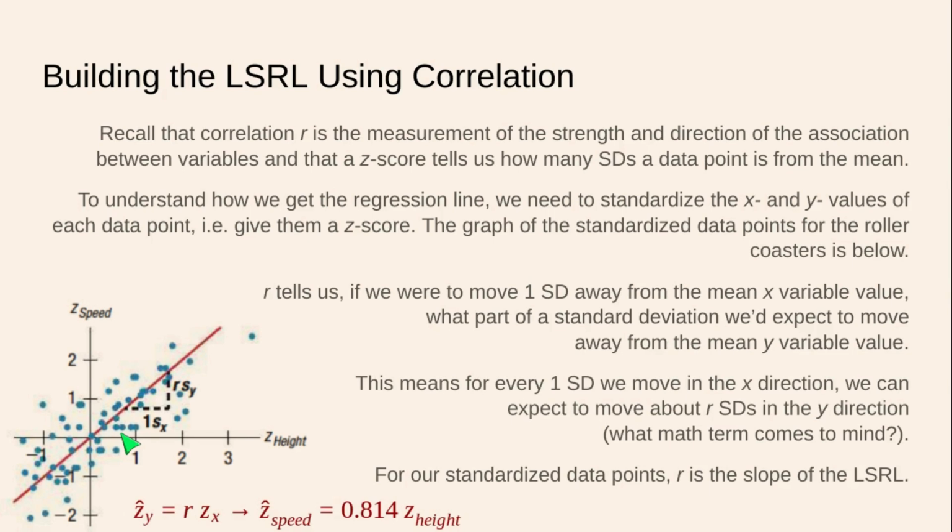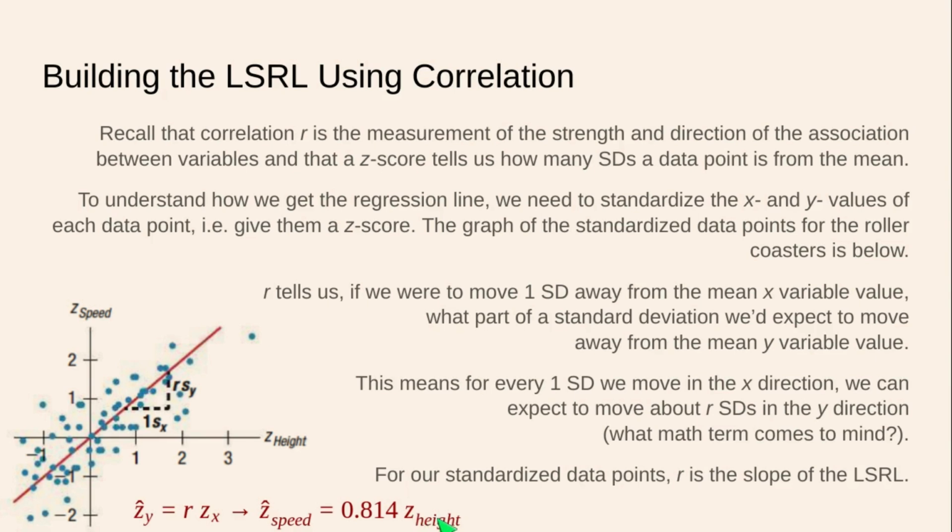And we can write the equation of that line of best fit in this way. Okay? So we have z-hat, standardized speeds, and this little hat here means we are predicting speeds, okay? And we do that by saying, well, I have my standardized heights over here, and for every one standard deviation I increase in height, I increase in speed by 0.814 standard deviations.